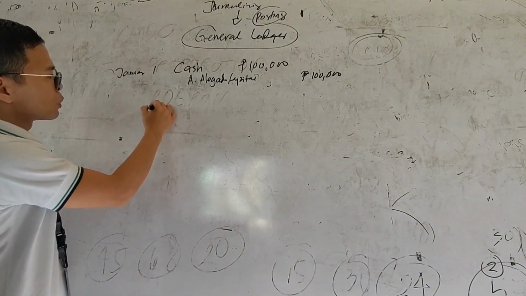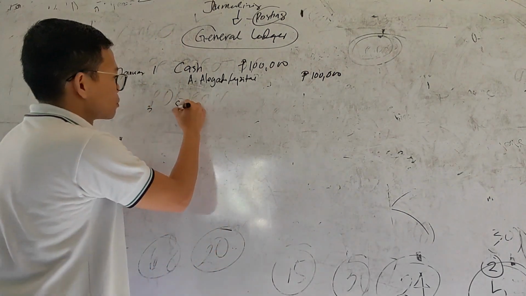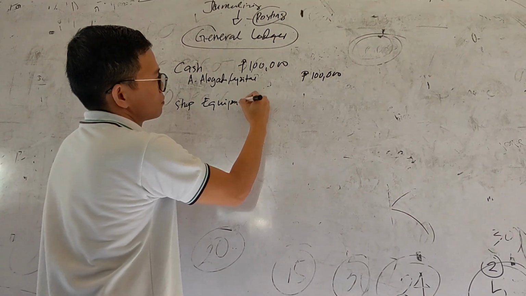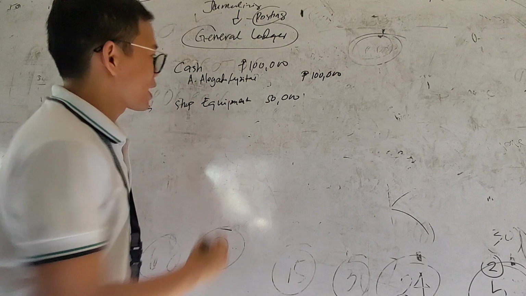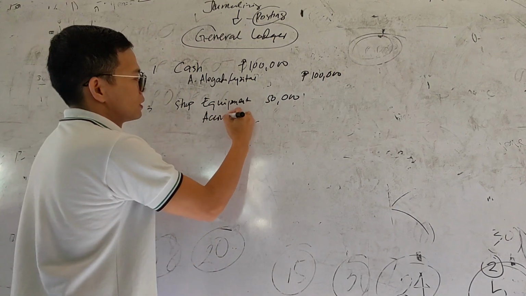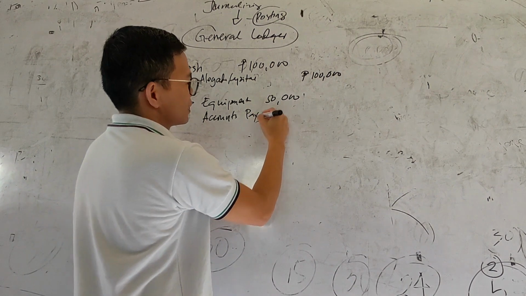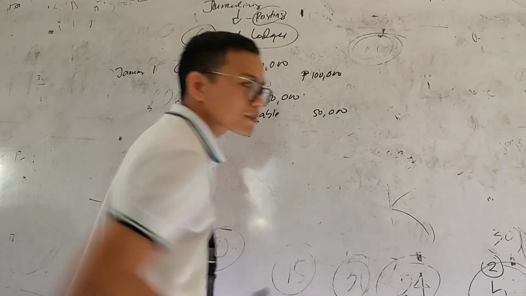Let's say, for example, on January 3, the company has this transaction. We have shop equipment amounting to 50,000 pesos, and we also have accounts payable, 50,000.